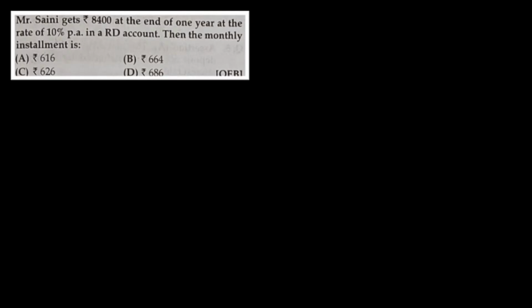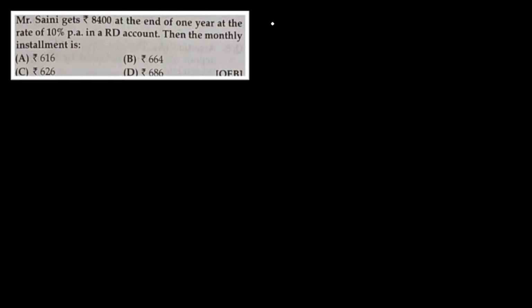In the next question, let's see what is given to us. Mr. Sani gets rupees 8,400 at the end of 1 year at the rate of 10% per annum in an RD account. So what is given to us? This 8,400 the person is receiving at the end of 1 year.